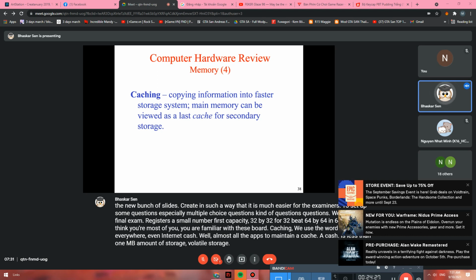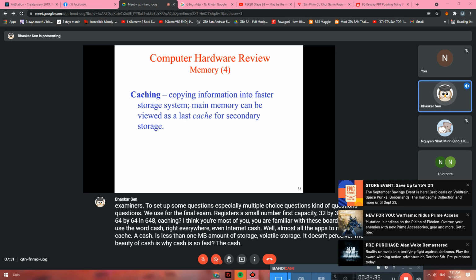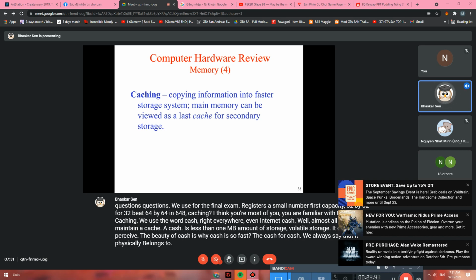It doesn't persist. The beauty of cache is why cache is so fast. For cache, we always say that it physically belongs to the hard disk, but logically it belongs to the RAM.